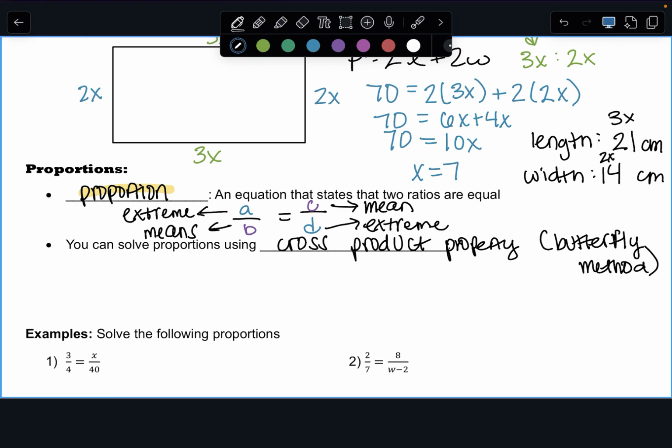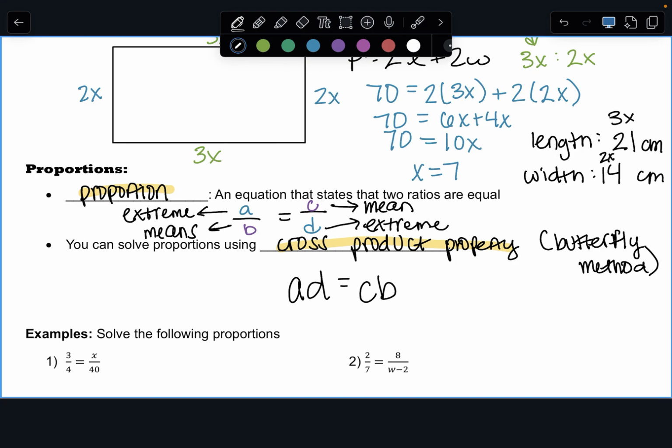So that's how we're going to solve all of these, using the butterfly method, where we take the diagonals and multiply them together. So we take A times D, and that's equal to C times B. So we take our diagonals, multiply them together and set them equal to each other.